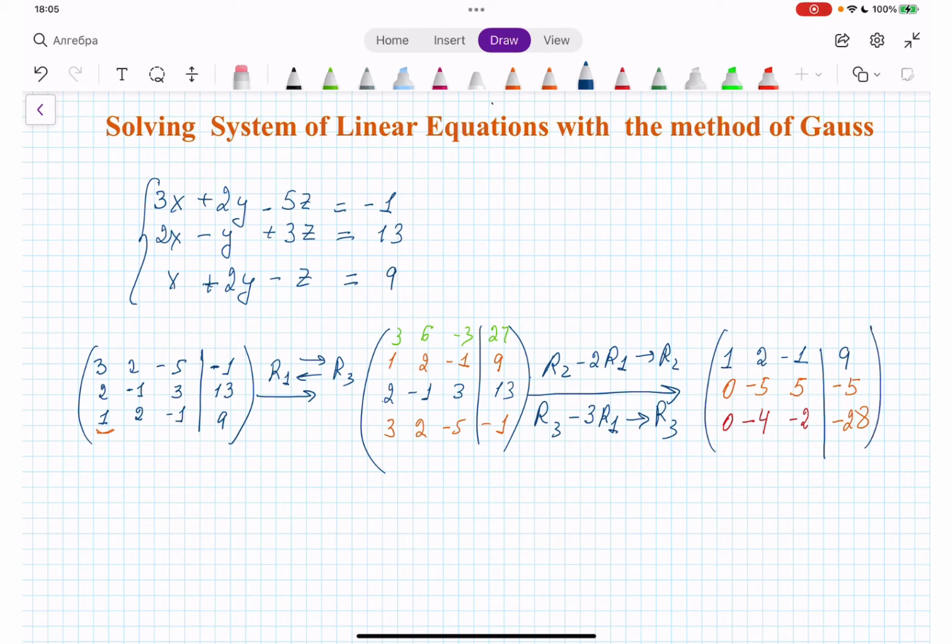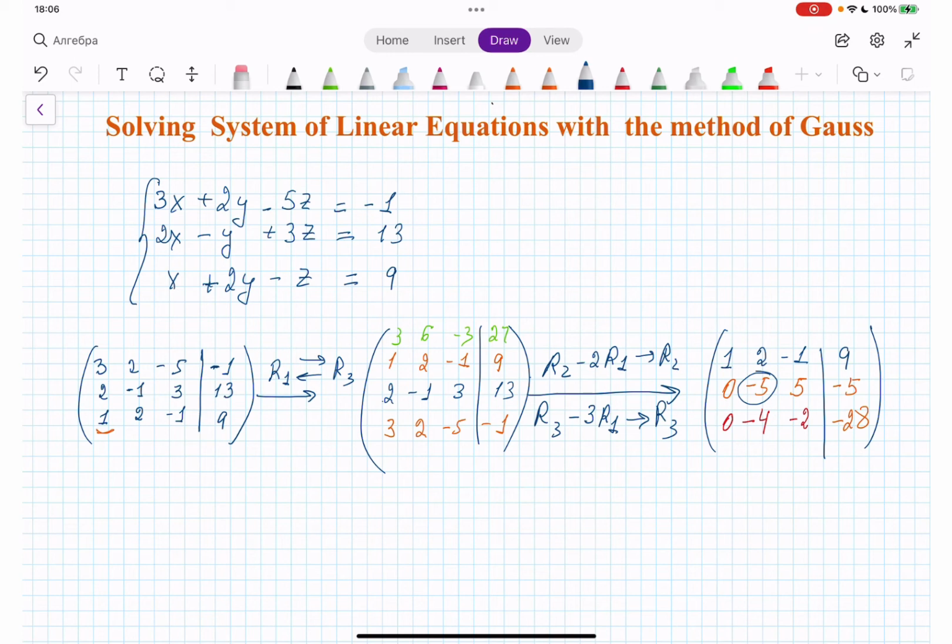Next, we took care of the entire column under the first leading coefficient, moving to the second leading coefficient, which is this -5. Why do we say leading coefficient? All manipulation now has to be with line 2, because the leading coefficient is in line 2.